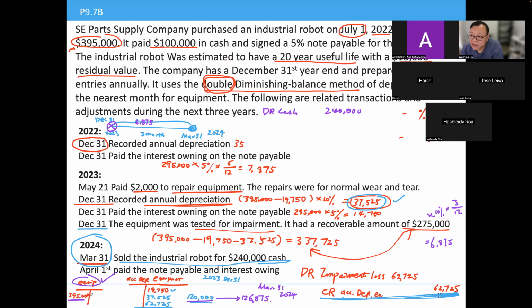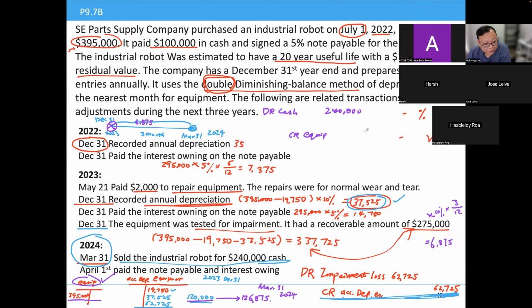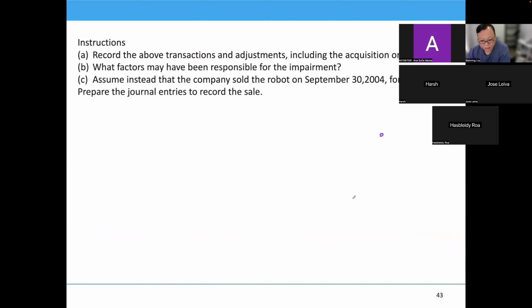Should I debit or credit? Credit the equipment account for the same amount, 395,000. Yes, very good.